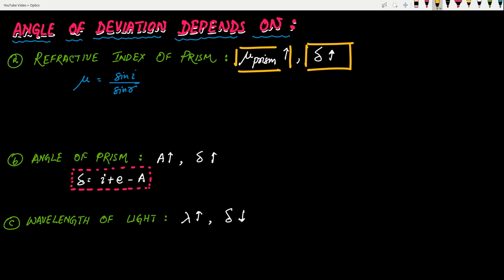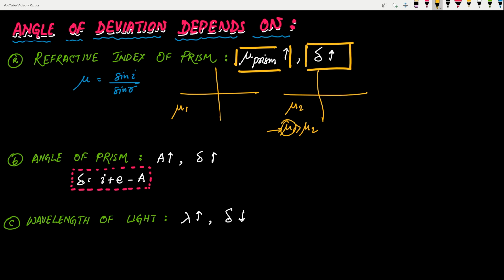Now, how is this? This is very simple. Let's take two mediums. This is one and this is another. Suppose this is refractive index mu1, this is refractive index mu2. Now I can directly say that if it's given that mu1 is greater than mu2, you can easily say that mu1 is optically denser than mu2, isn't it?